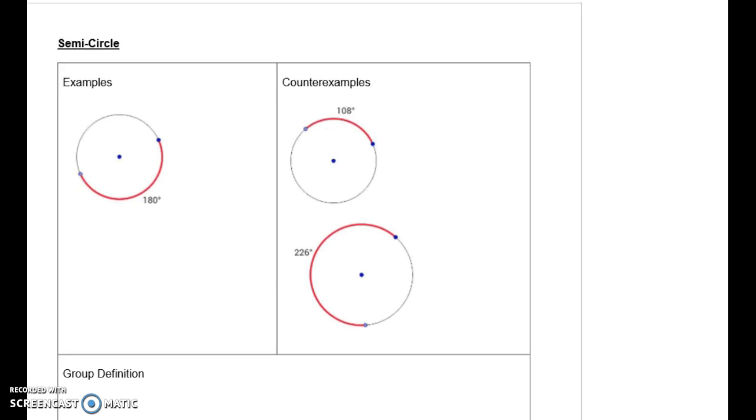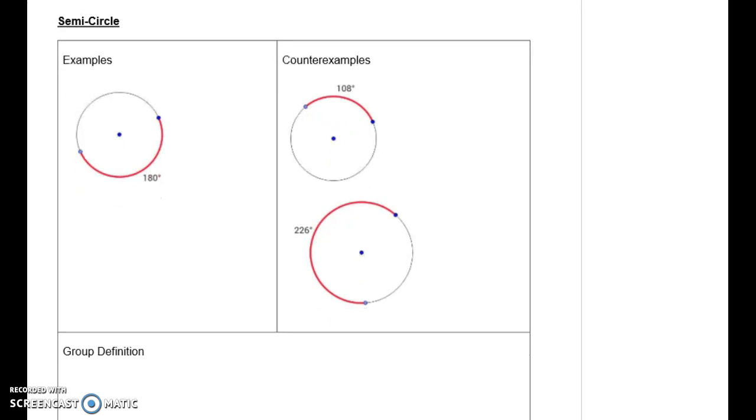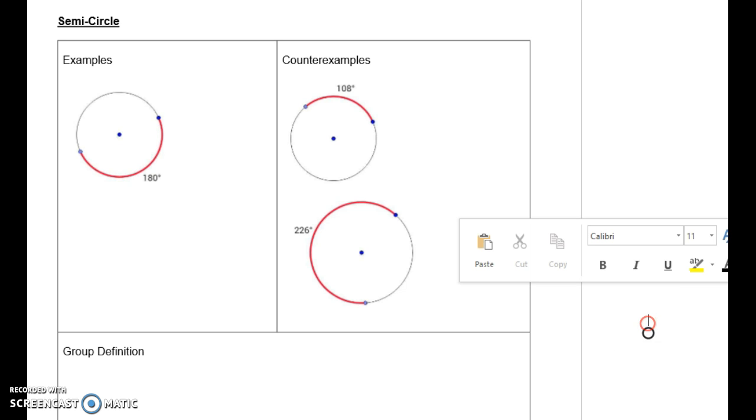And then the last definition we have is a semicircle. We have only one example of what a semicircle looks like because it has a very specific measurement. Our example has 180 degrees, and our counterexamples are pretty much anything else. A semicircle, like the name suggests, is half of a circle. If the entire circle is 360 degrees, then we would expect the semicircle to be exactly half of that, or 180.